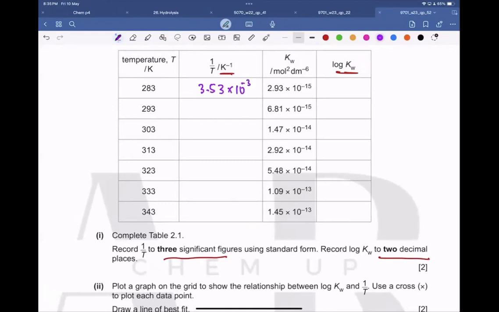Then the next one, 3.41 exponent minus 3.